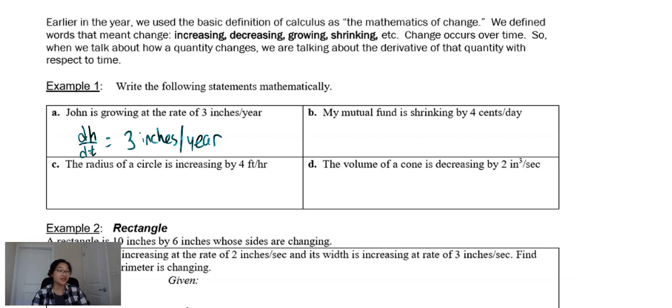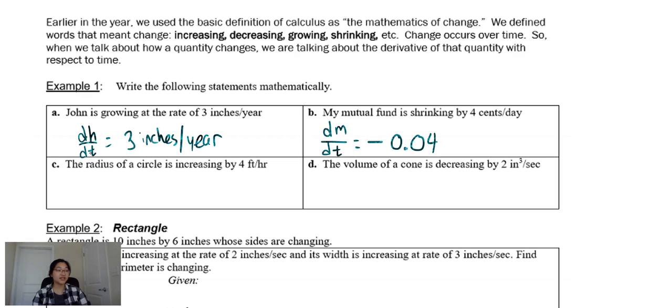Alright, so my mutual fund is shrinking by 4 cents per day. So the amount of money that I have, d money/dt, is shrinking, so that's negative, right? So it's going down by 4 cents per day, and we're going to be mathematicians about this and have it expressed in terms of dollars, because that's how numbers go.